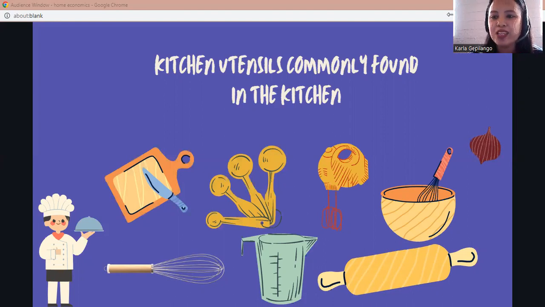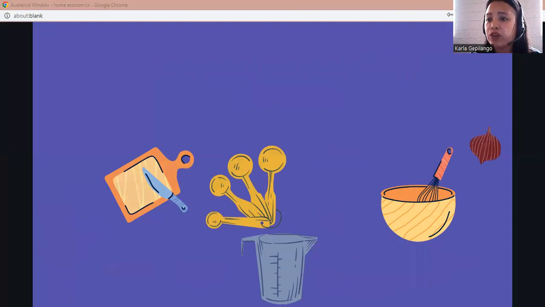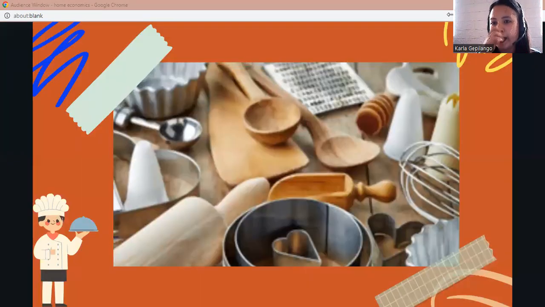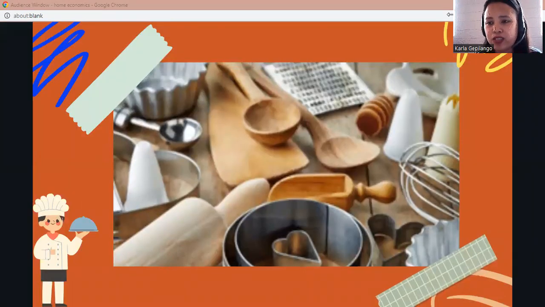So let's have this. Now I have here a picture. So what can you say about this picture? Are you familiar with the different tools or utensils that you can see here? Yes, Miss Eileen? Very good, that is correct.